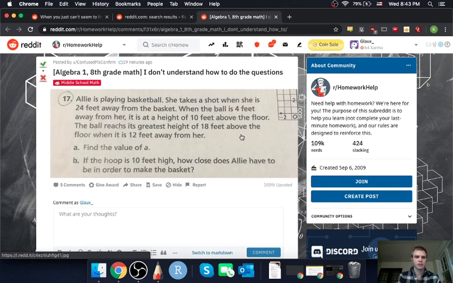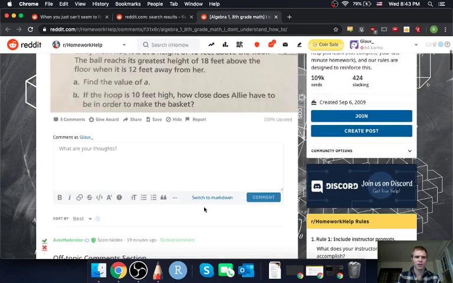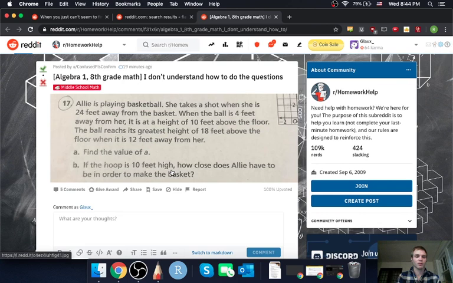Find the value of A. So I think there's some kind of a graph or picture there, and because I can't see the context, I can't do this, right?